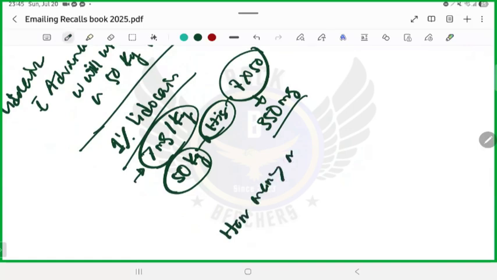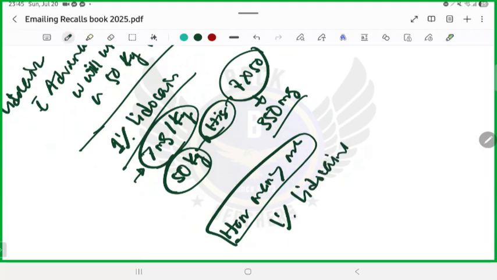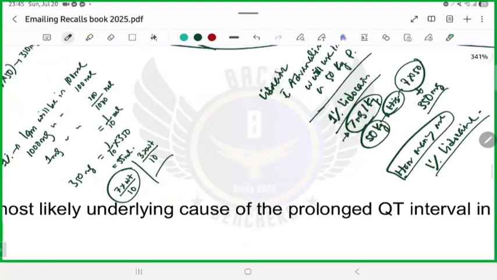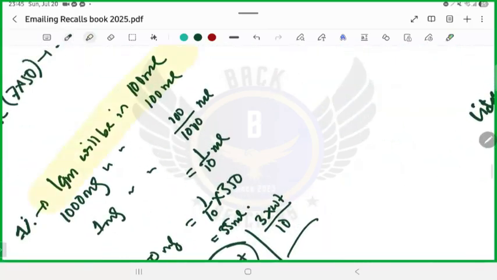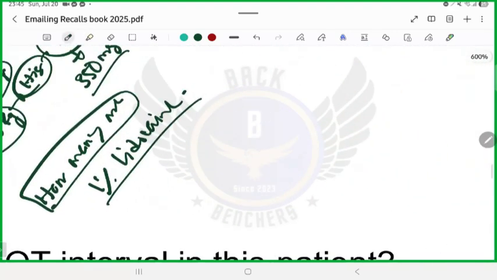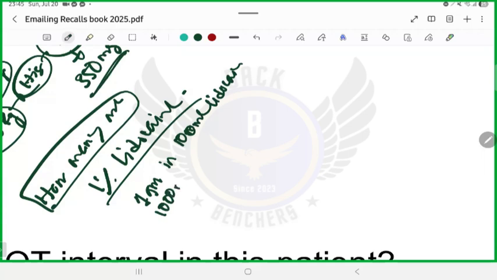Now, how many ml do we have to calculate? Remember, 1% lidocaine means we have 1 gram in 100 ml. Let's just write it again. We have 1 gram in 100 ml lidocaine, and our dose is 350 milligram. 1 gram is equal to 1000 milligram, so 1000 milligram in 100 ml.